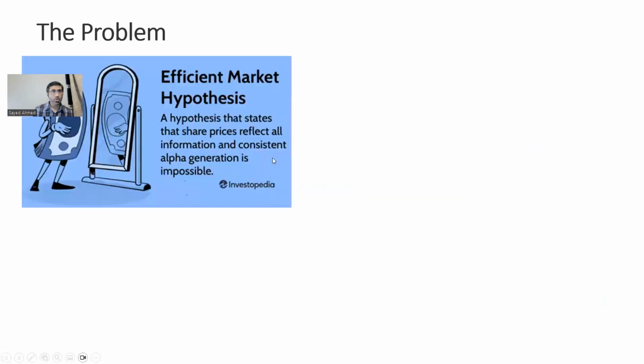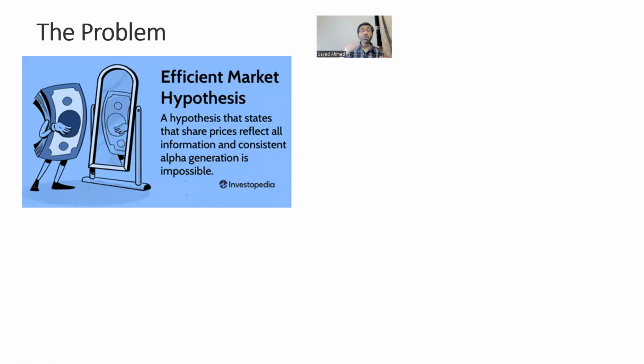So what is the problem? The problem is predicting stock prices, I mean, predicting correctly. There is a theory, and many portfolios are based on this, that you cannot predict stock prices consistently, and at any moment the stock price indicates the fair price considering everything.